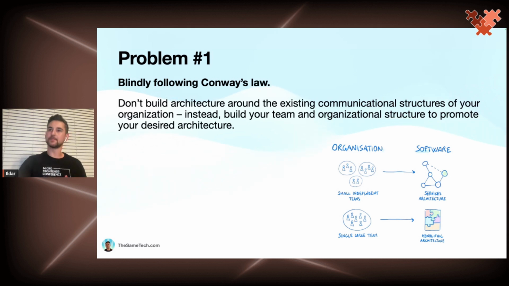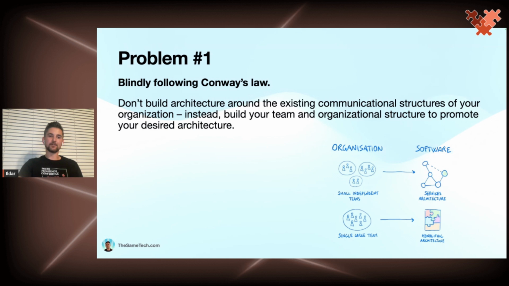Let's review some problems when it comes to the decomposition of the front-end application. First of all, the first problem is blindly following Conway's law. Conway's law states that organizations which design systems are constrained to produce designs which are copies of the communication structure of these organizations.